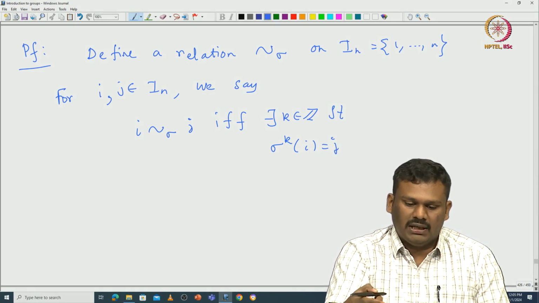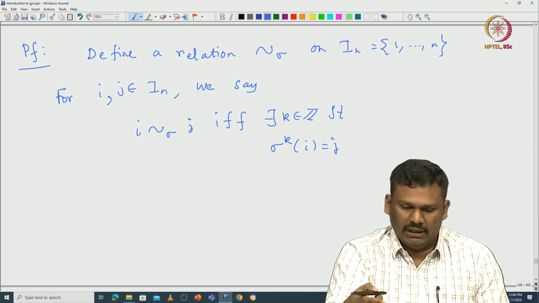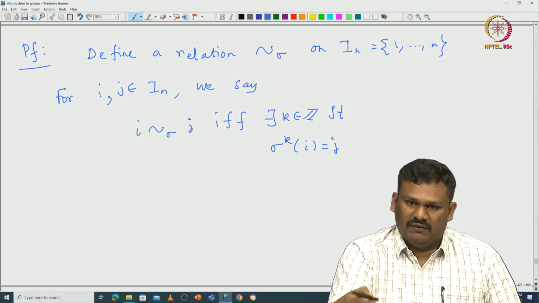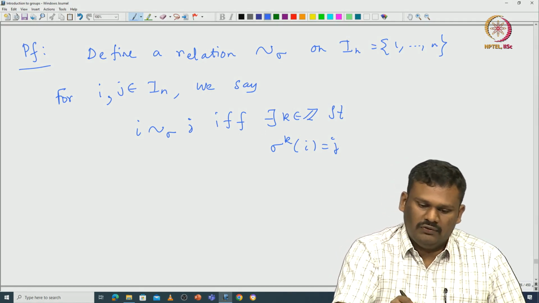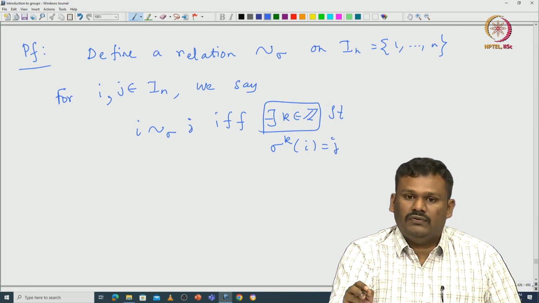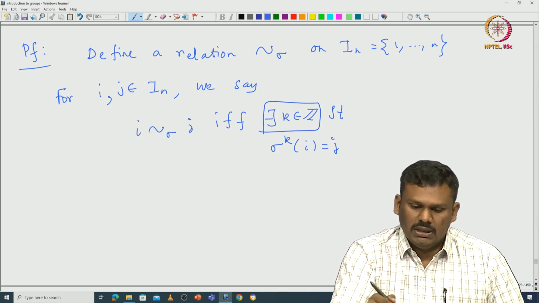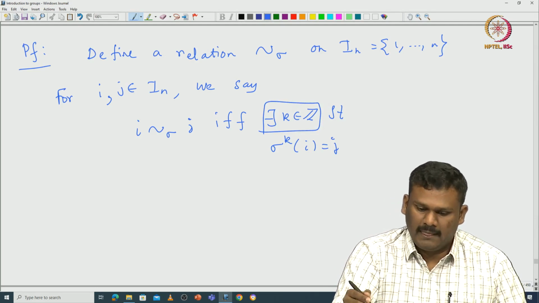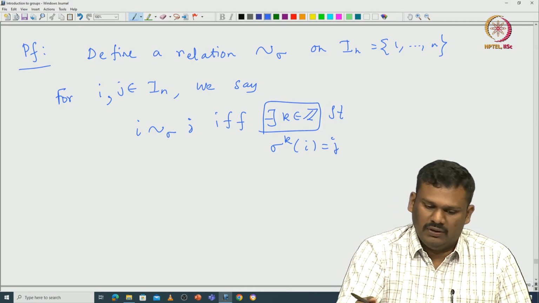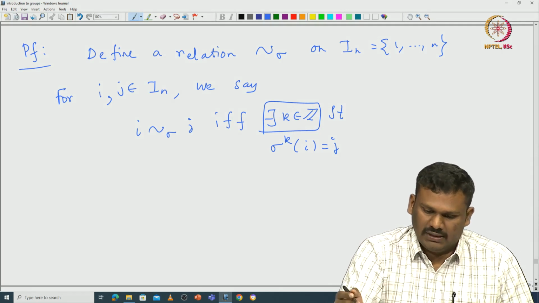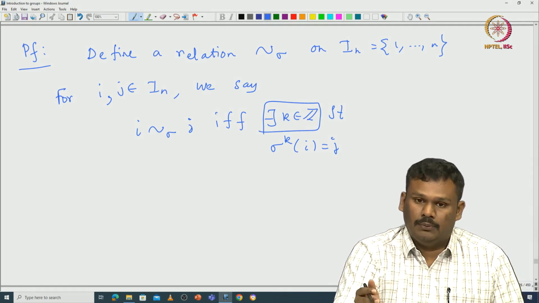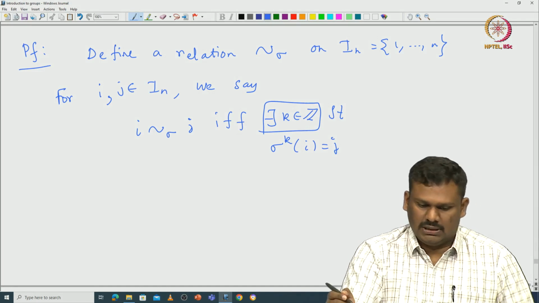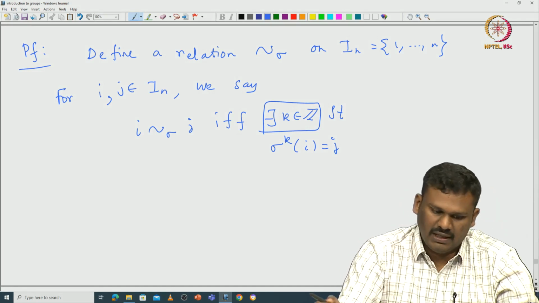Note that we are in a finite group, so sigma inverse is going to be some power of sigma. So, even though we have allowed k to vary over integers, it will indeed vary only up to the order of sigma. But anyway, it is comfortable to define it this way.